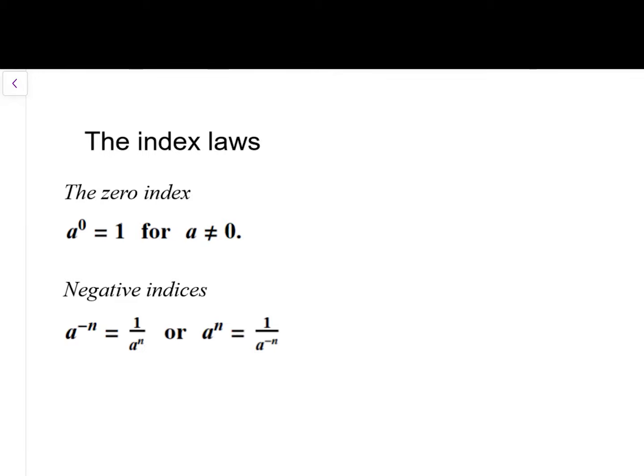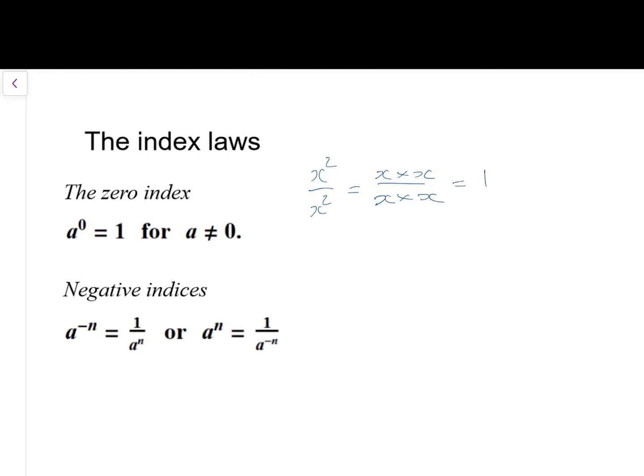Let's have a look at two special cases of the index law. The first one, the zero index. So where does this come about? A to the power of 0 equals 1. So anything to the power of 0 equals 1, as long as that base is not 0. So let's consider just a very basic example, x squared over x squared. This can be rewritten as x times x over x times x. And this very easily is equated to 1.